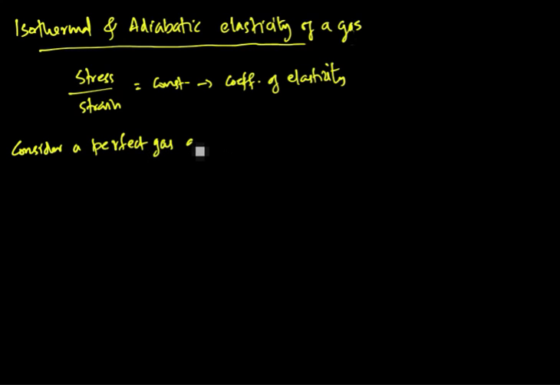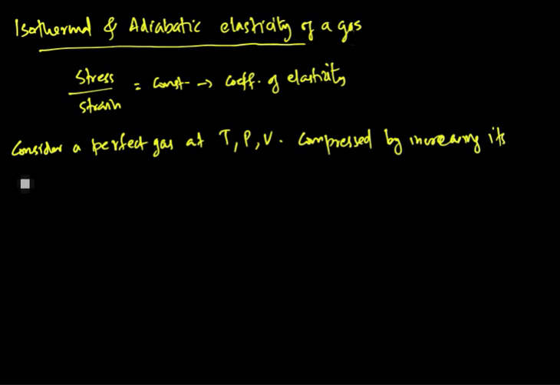maintained at a temperature T, pressure P and volume V. The gas is compressed by increasing its pressure to P plus dP and volume is decreased to V minus dV.